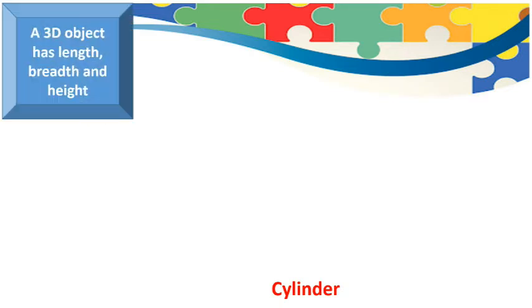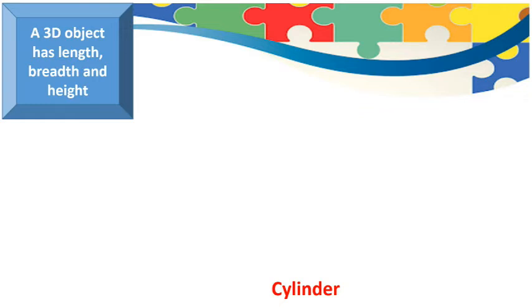A 3D object has length, breadth, and height. 3D shapes have 3 dimensions such as width, height, and depth.